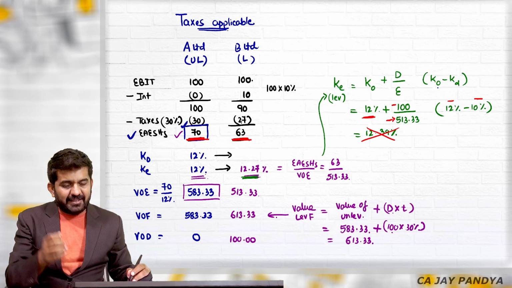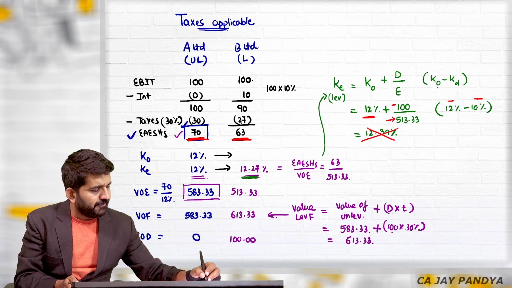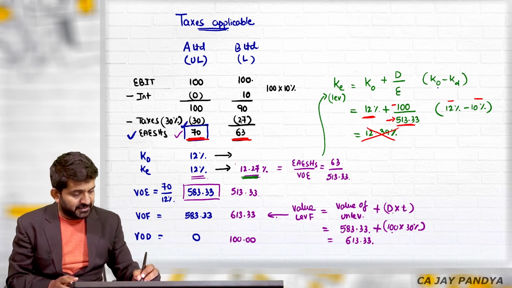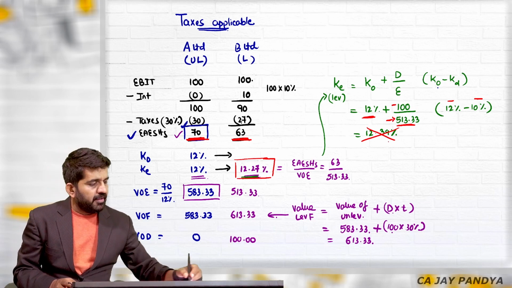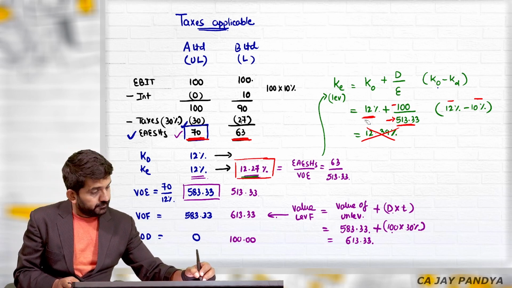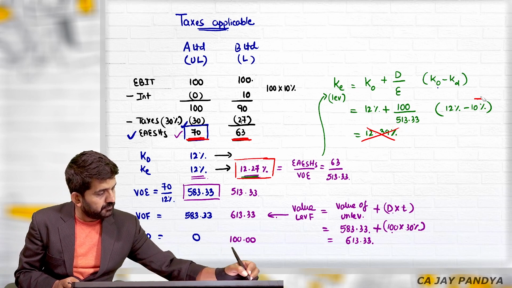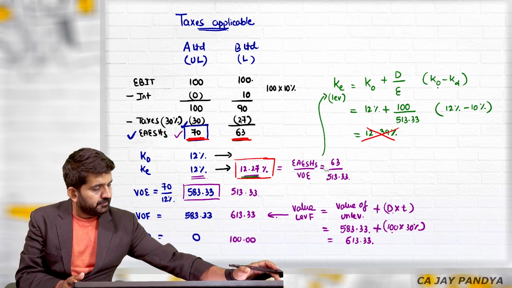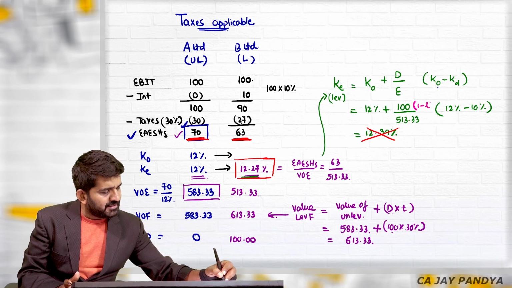But mathematically, if you see, this figure is 733.33. This figure is 513.33. We will not be getting the same answer. KE should remain the same as of no taxes. Try to understand what we do. We will multiply 1 minus T over here.